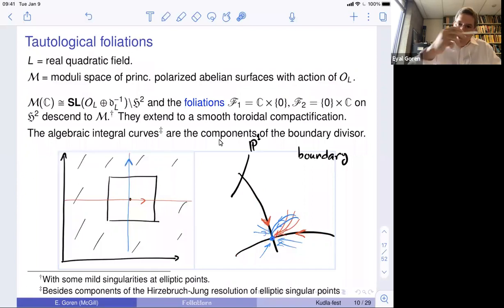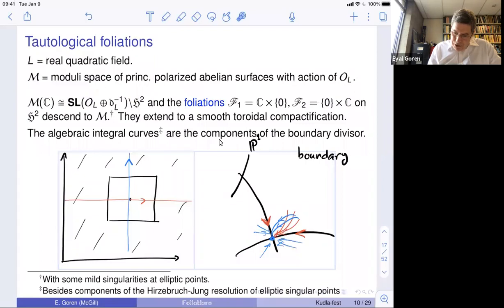So it keeps wrapping around forever. It's not algebraic. That's something you can prove. There are little caveats here having to do with elliptic points that I put in footnotes, but I really don't want to discuss them. It's just because I didn't want to use level subgroups here where there are no elliptic elements. It's not essential to get into.